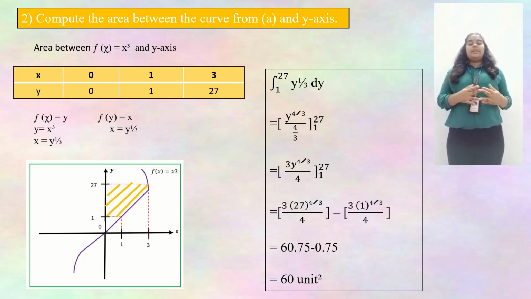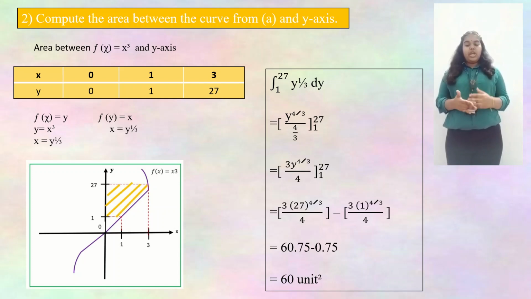The next step is to sketch the graph based on the values we get, as you can see in the slide. Now, it can be shown that the area shaded is equal to the integral of y power of 1 over 3 with respect to y, with limits between y equals 1 and y equals 27.